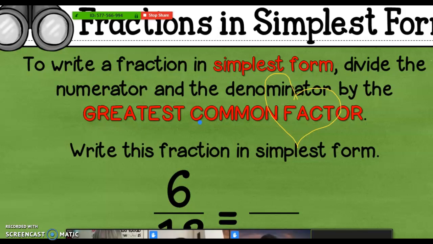So to write a fraction in its simplest form, we must divide the numerator and the denominator by the greatest common factor. Yesterday we learned what the numerator is and what the denominator is. Julieta, where do we find the numerator?